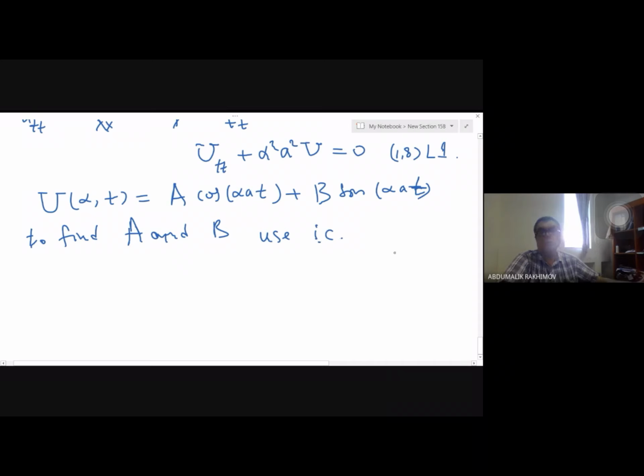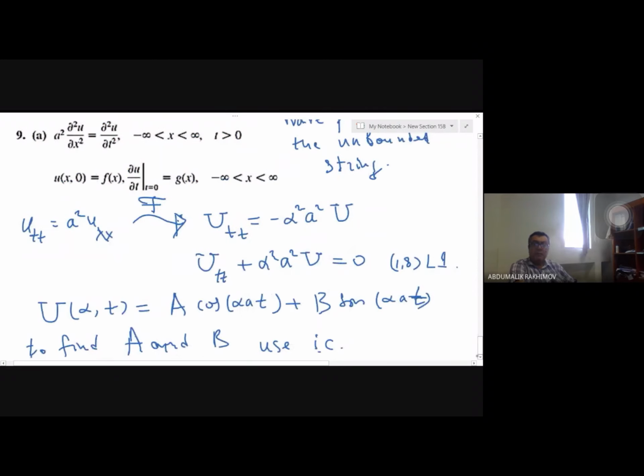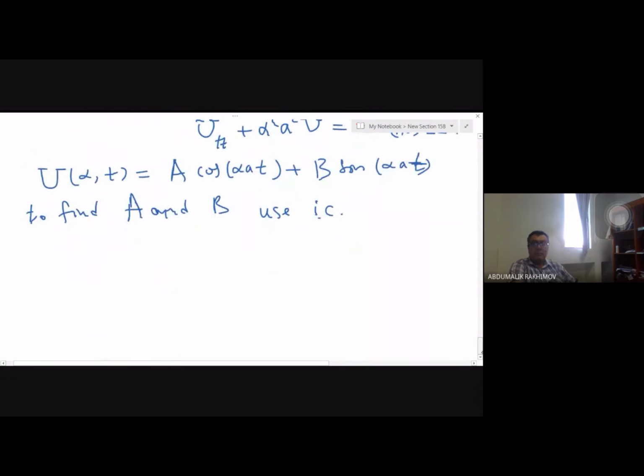We have two initial conditions, right? First is u(x,0) is equal to f(x).